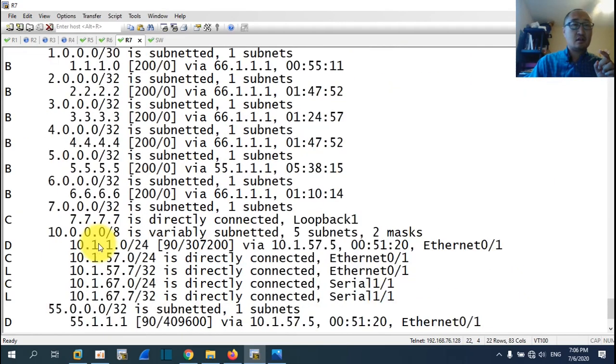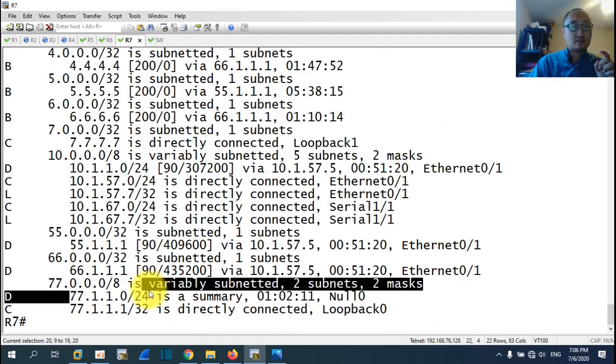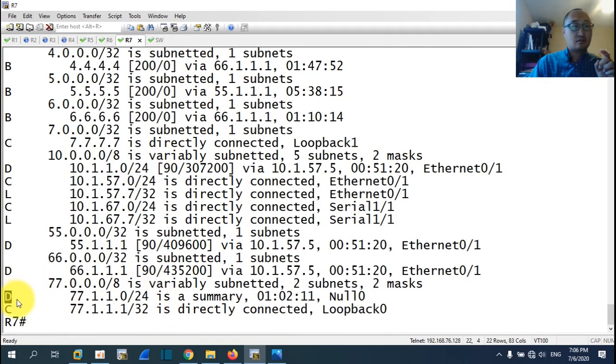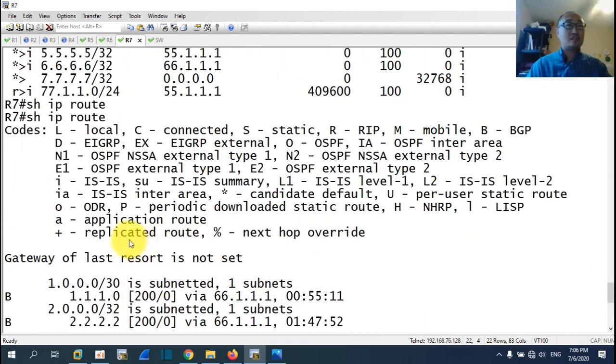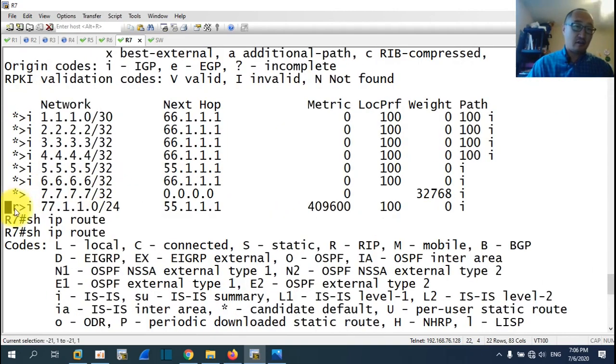But look at over here. What's D? This is EIGRP, right? So EIGRP's AD is 90. So the router chooses EIGRP, but not BGP. Yeah, so that's why there's an R over here.